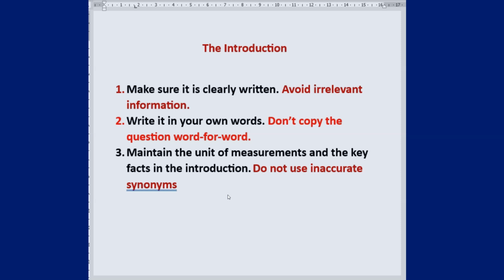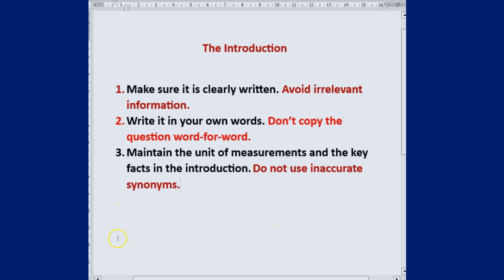So if the question is talking about unemployed people in Kumasi, don't change it to unemployed Homo sapiens in Bibiani. Homo sapiens is not actually an accurate word for people, okay? And the question was not talking about Bibiani, it's talking about Kumasi. So make sure you keep the date, make sure you keep the country, make sure you keep the right facts in the question, and don't use any inaccurate synonym in the test.